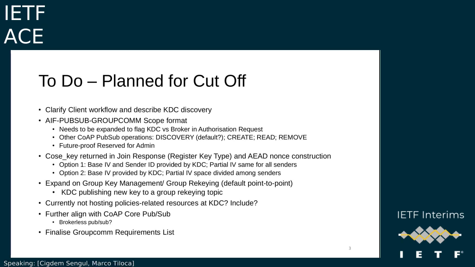The future-proof reservation is good, but I think it's better if this document focuses on authorization for the users, and then possibly a future document like pub-sub-admin focuses on the permissions for administrators of topics. Like for the Group OSCORE case, we had one document for the users to get the key material and a document for the administrators. I see where you're going with this. I think it will keep it clean, and then just to make sure that we add a line that these are the only operations supported for that reason, and we're done. Okay, that's fine.